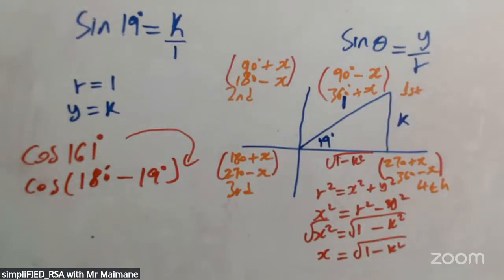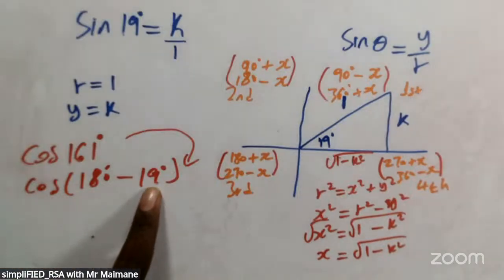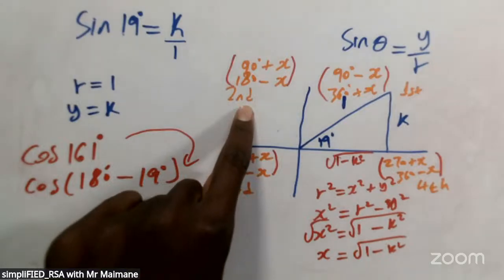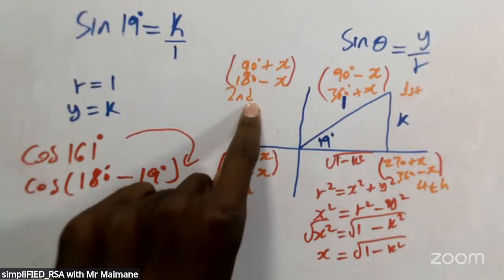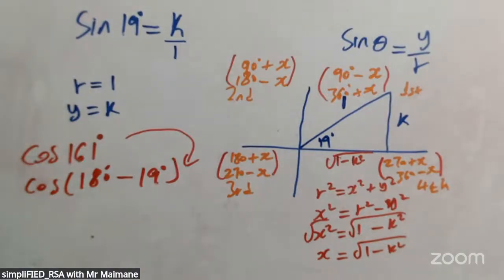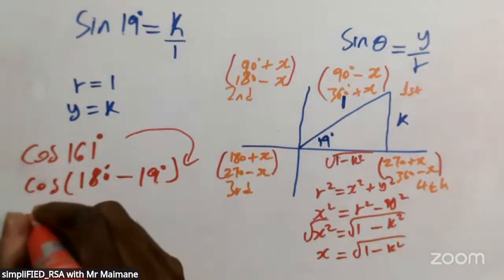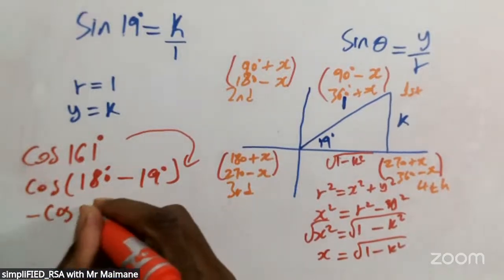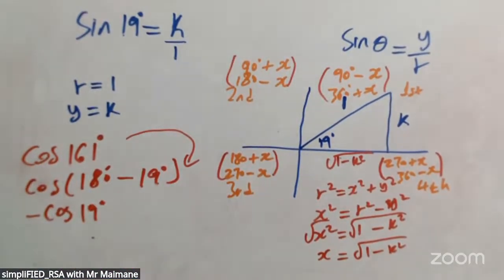Since we are in quadrant 2, is cos positive or negative? Cos of 180 minus x is in the second quadrant, and there cos has to be negative. So this will be negative cos of 19 degrees.